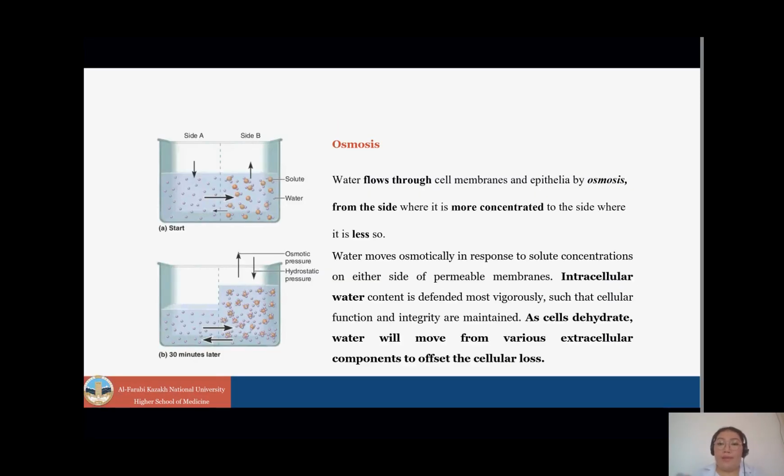The next membrane transport is osmosis. Osmosis is just the movement of water. Water flows through the cell membranes because the cell membrane is a semi-permeable membrane, and we have a particular amount of solute particles, and we have the water.